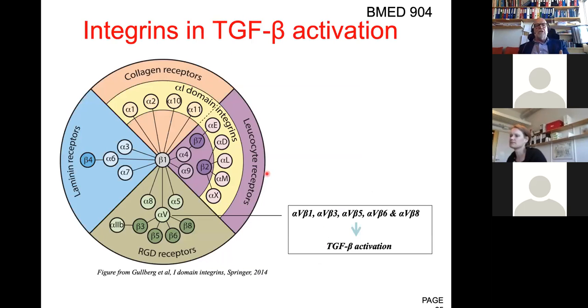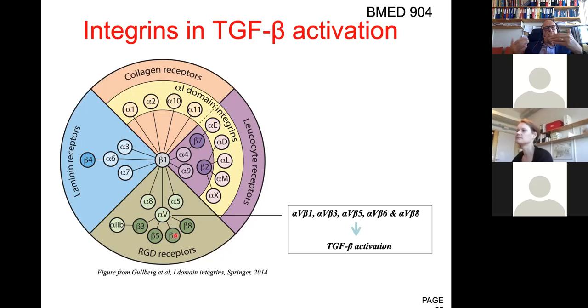And what integrins do is that they activate TGF beta bound to this latency associated peptide, LAP. There is a specific subset of integrins that do this, and these are the integrins that contain the alpha V subunit. The first alpha V integrin shown to be involved in this was alpha V beta 6.